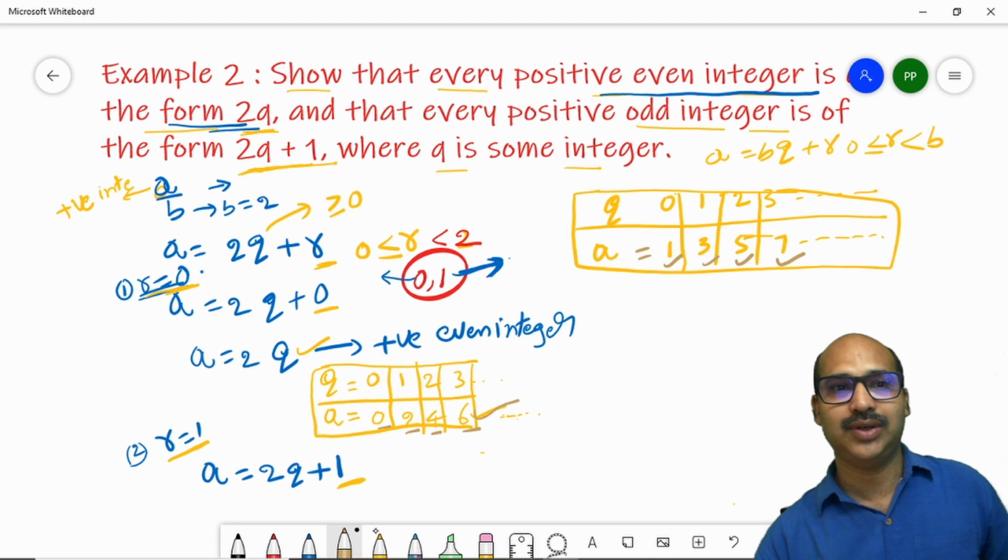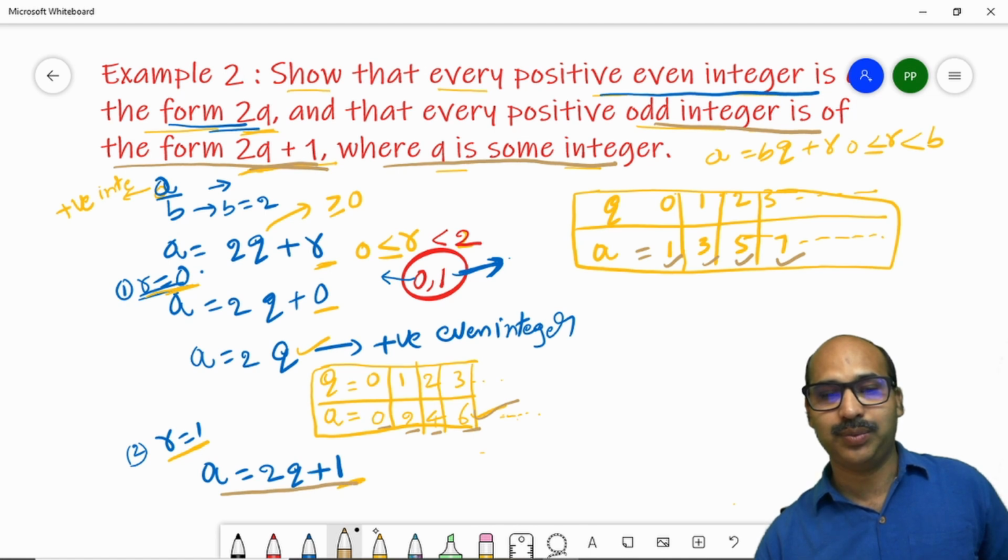What is this? 2q plus 1, where q is some integer. An odd integer is of the form 2q plus 1. Already we assumed that q is some integer greater than or equal to 0. Even if q is equal to 0, 2 into 0 is 0, plus 1, so a is equal to 1.